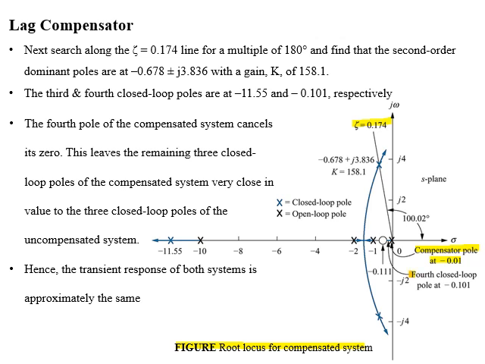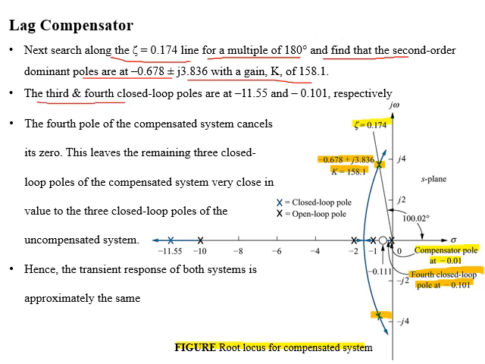At this line, we will search for the location where root locus intersects the radial line of constant damping ratio, and that will be our desired location for closed loop system poles. This point of intersection is minus 0.678 plus minus j3.836 with a gain of 158.1.